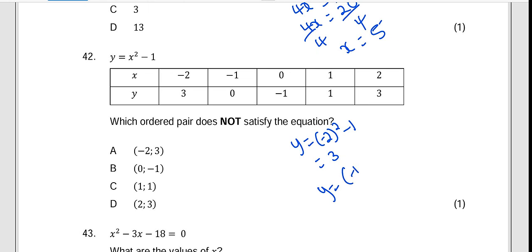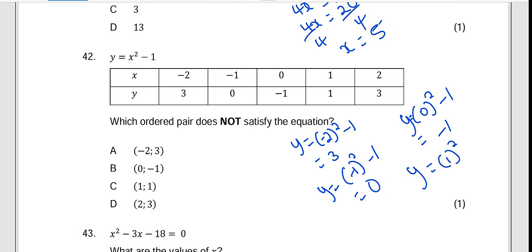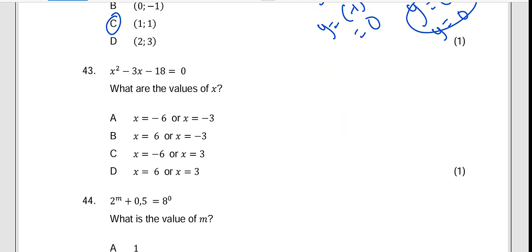Yes, for -1, the answer is 0. Let's check for 0. And then let's check 1. It's going to be 0, meaning that it is C, the ordered pair that does not satisfy the equation. This one is correct, this one is correct, this one is correct, but this one no. So the correct option is C.